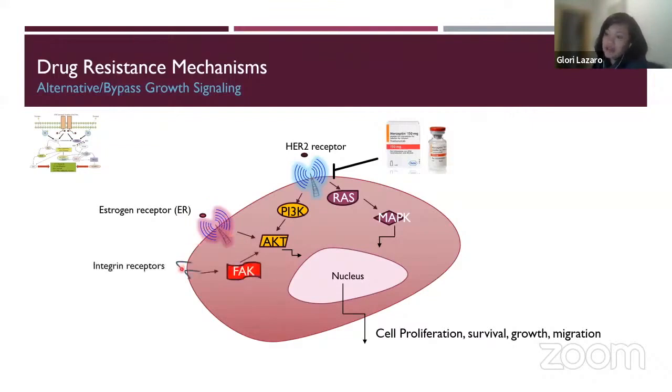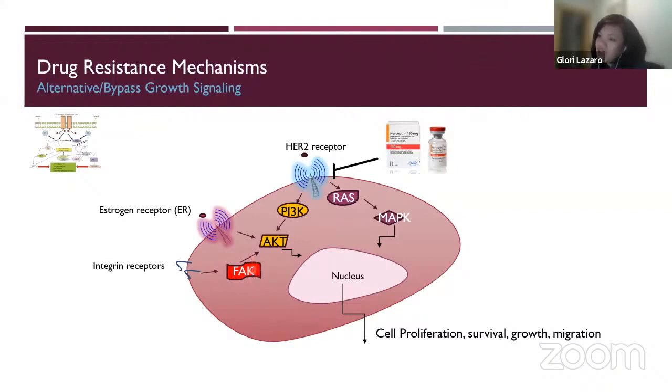And then you also have the integrin receptors we spoke about earlier, the one that helps you move around with the feet and the migratory phenotype of the cells. These integrin receptors feed into another pathway. They signal to a protein called FAK, my favorite protein during my PhD.